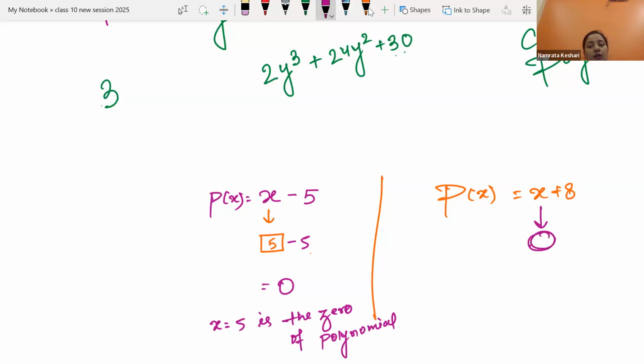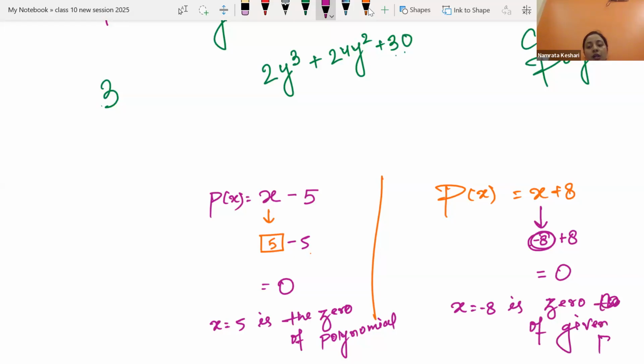Minus 8, right? Then only I will add 8 to that and the final answer will be 0. This x value, which is minus 8, is called the zero of the polynomial. Why? Because this particular value, when we are putting it, is making the whole polynomial's answer 0. So zero doesn't mean x will be 0. Zero means what is that x which is making the whole polynomial a 0? x equals minus 8 is the zero of the given polynomial.